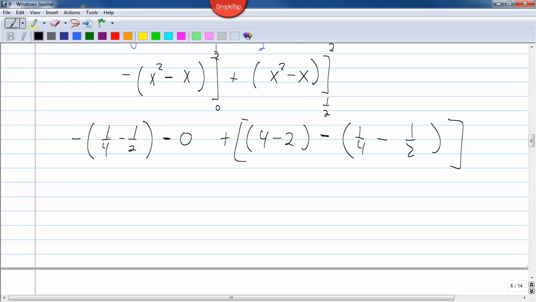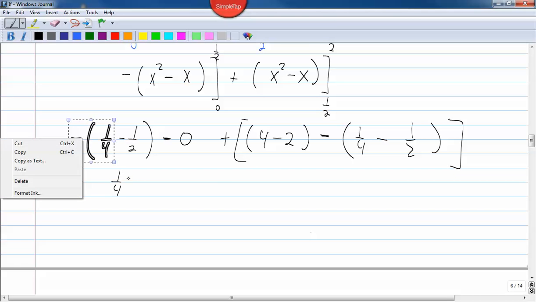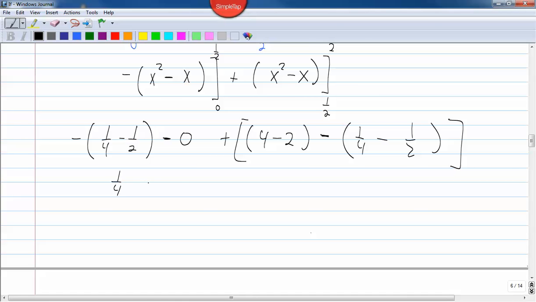Alright, so that is 1/4 minus 1/2 is a negative 1/4. That negative in front will make that a positive 1/4. And then plus 2. And then that's going to be a negative 1/4 again. But there's a negative in front, so it's going to be plus 1/4. So that's going to be 2 plus 1/2, or 5/2.